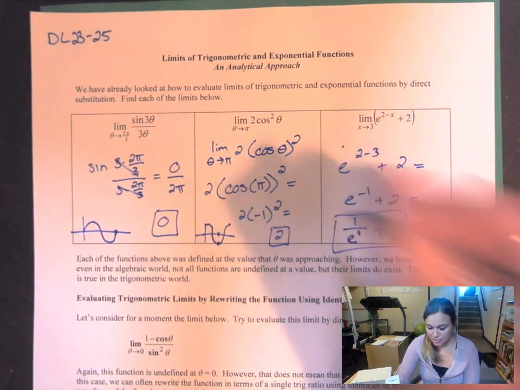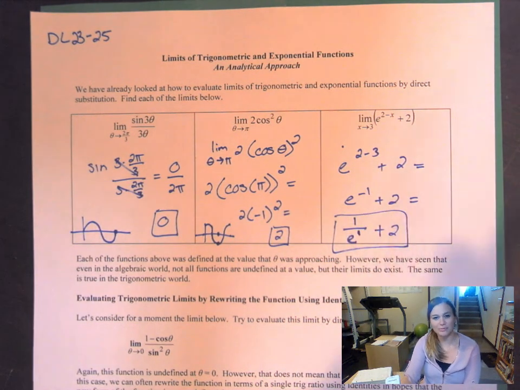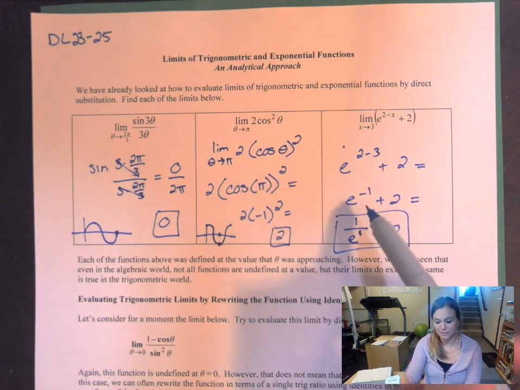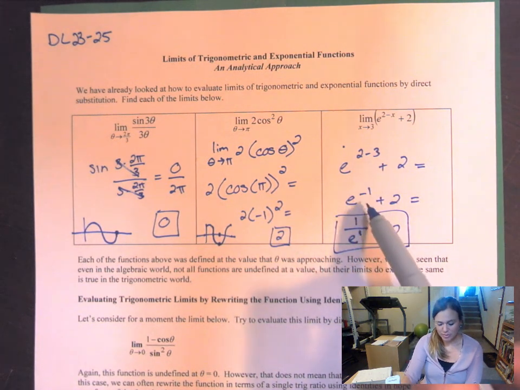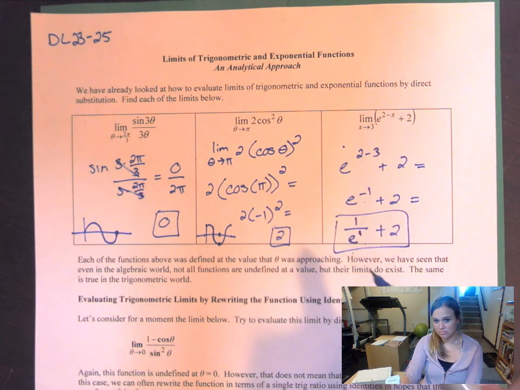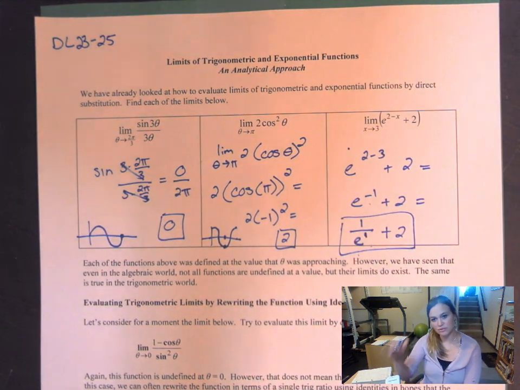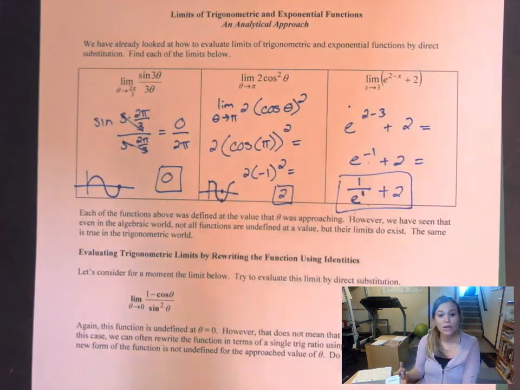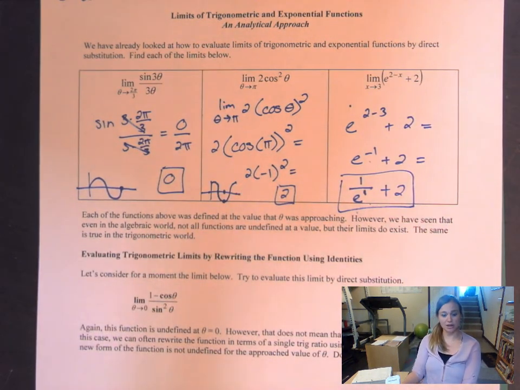Just because I see people, if you actually have to go further with this or evaluate in some way, like actually do something with this answer, lots of people struggle to get it from here to here. So just do it every time so you don't forget that a negative exponent just means transfer the base to the denominator with the same exponent but positive. Okay, so just because something looks scary doesn't mean that it necessarily will be scary. It's just try substitution first.